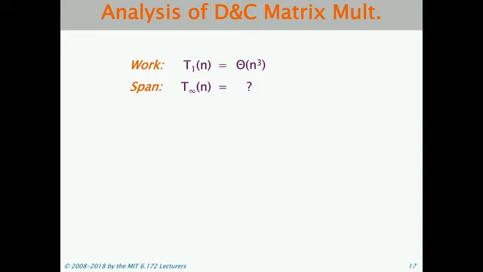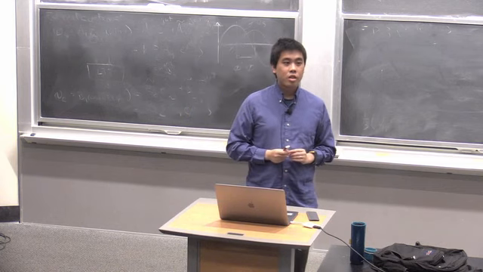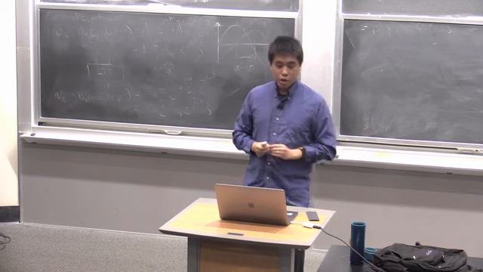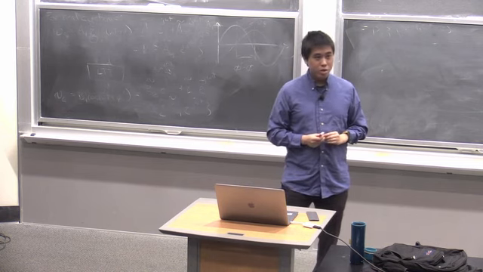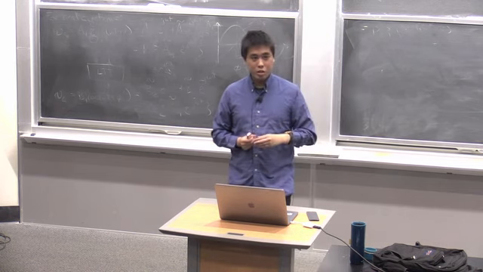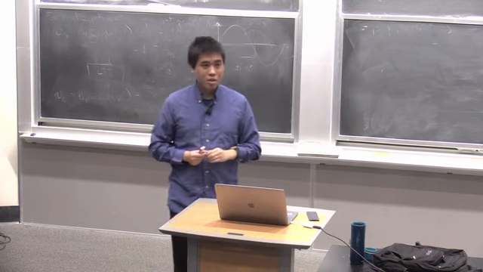What about the span? So what's the recurrence here? Yeah, so the span T infinity of n is equal to T infinity of n/2 plus the span of the addition. And what's the span of the addition? No, let's assume that we have a parallel addition. We have nested Cilk for loops.